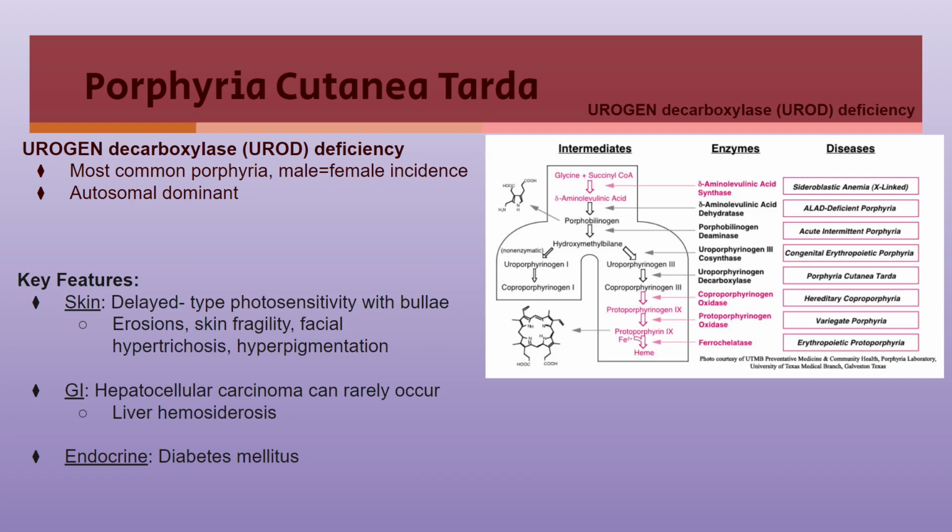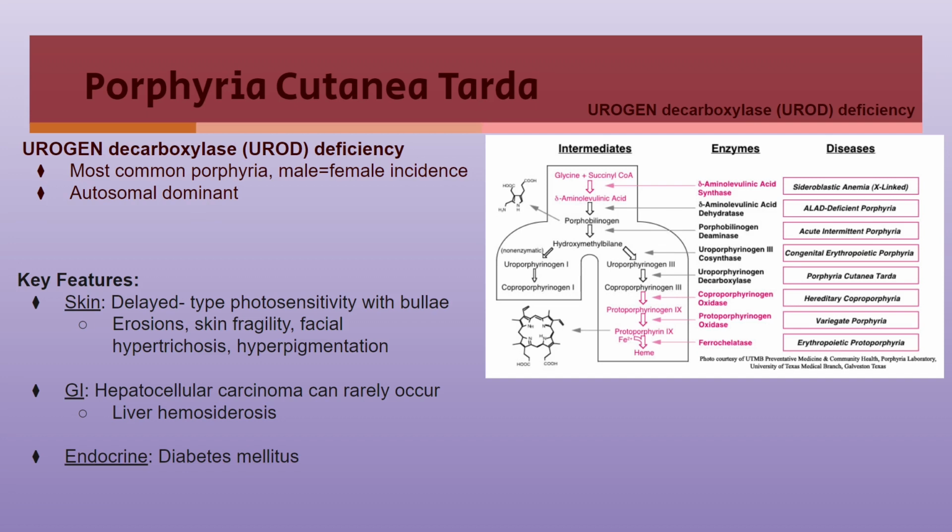So PCT is from a urod, or uroporphyrinogen decarboxylase, deficiency. And you can notice that over on the right here, uroporphyrinogen decarboxylase is in the graphic. It is the most common porphyria, equal in gender, autosomal dominant when inherited. Your features include skin ones here: delayed type photosensitivity with bullae, typically on the dorsal aspect of the hands.